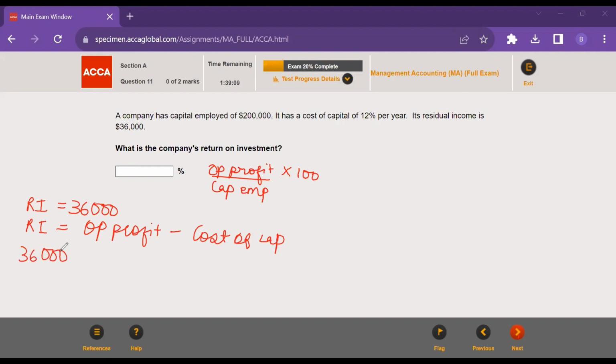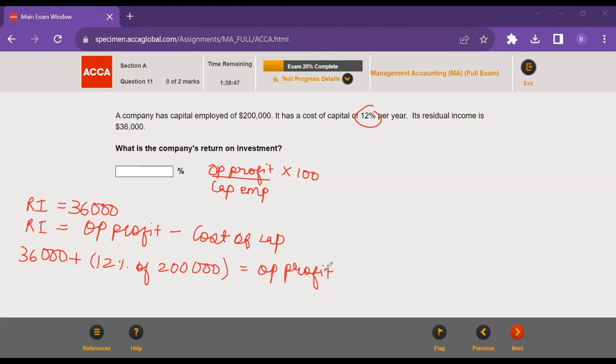And if I have to find out my operating profit, I can just add my cost of capital over here, which is nothing but 12% of the capital employed. 12% is the cost of capital given to us. Capital employed is 200,000. So I can say that this will give me my operating profit.